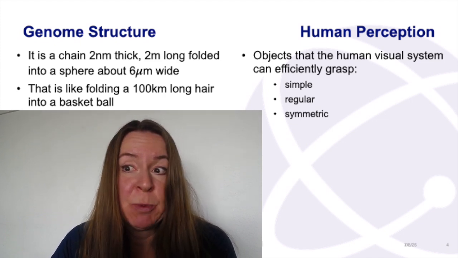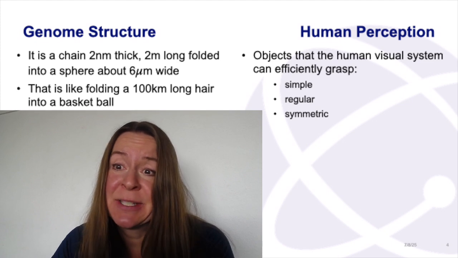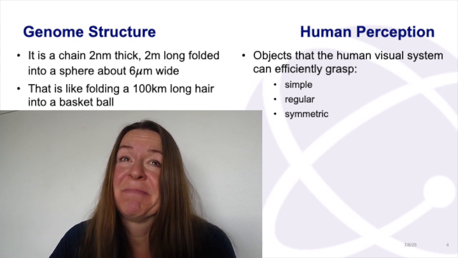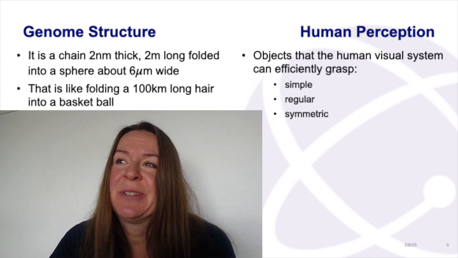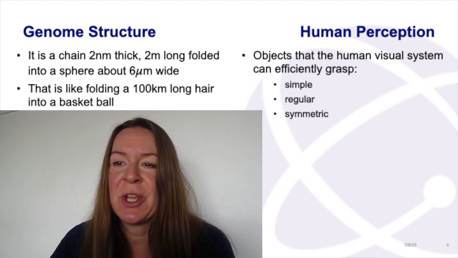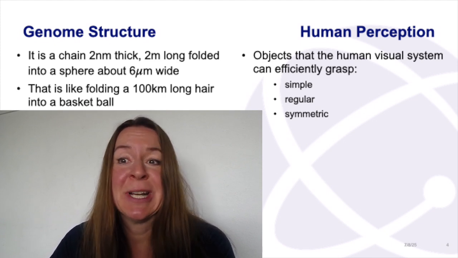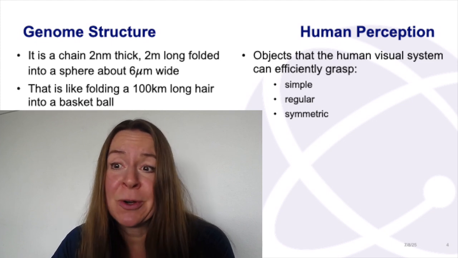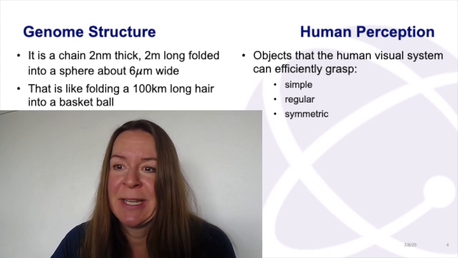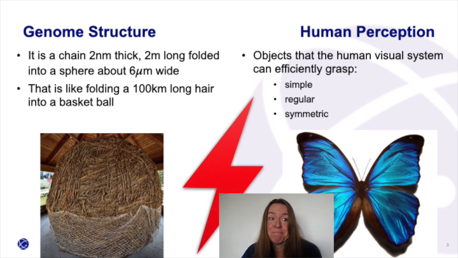And human perception, on the other hand, is perfect to distinguish and recognize objects that are simple, regular, or symmetric. As an example, most of you probably recognize the butterfly.